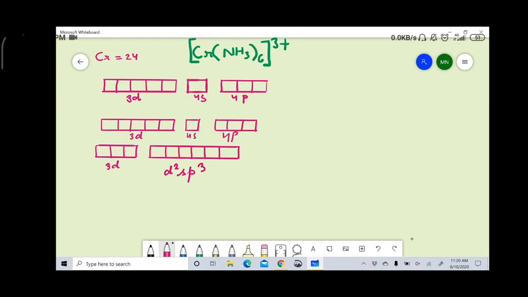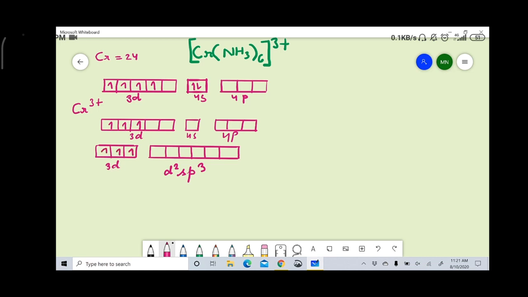Now, let us see the formation of some coordination complexes. This is an example of an octahedral complex of chromium. The atomic number of chromium is 24 and its electronic configuration is 3d5 4s1. Chromium is in +3 oxidation state in this complex and the electronic configuration of the chromium cation is 3d3.